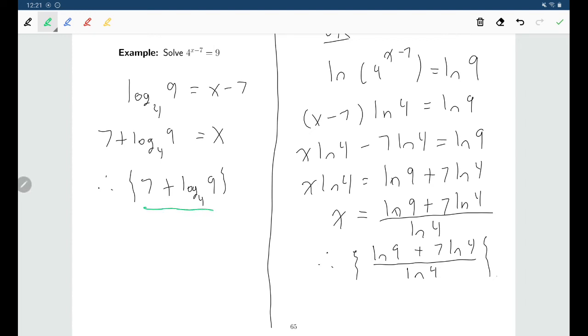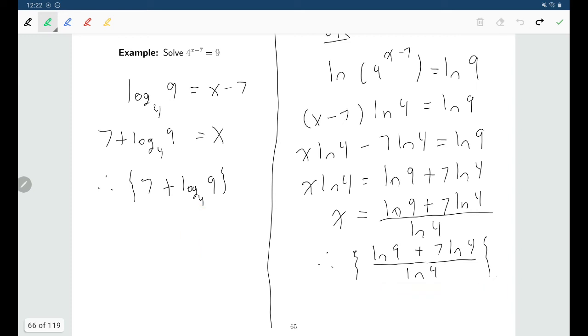So although these two answers look wildly different from each other, and if the other one was the solution in the back of the book, you might think that you were wrong. But these are actually equivalent to each other. If you were to rewrite these both as decimal values, you would find that they are exactly the same. These are just different ways of expressing the same number.